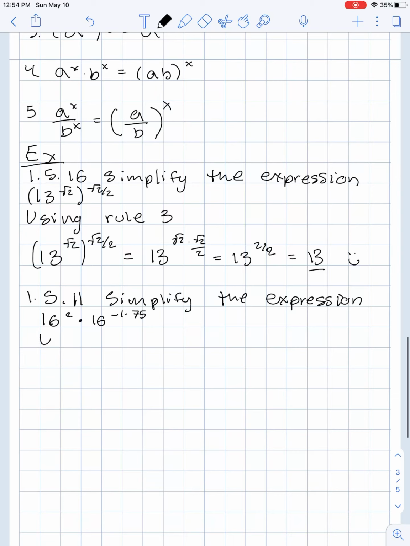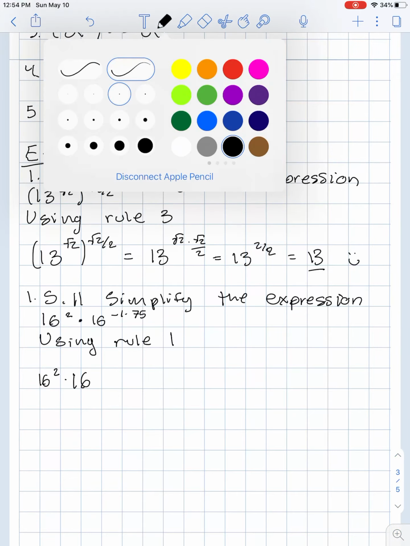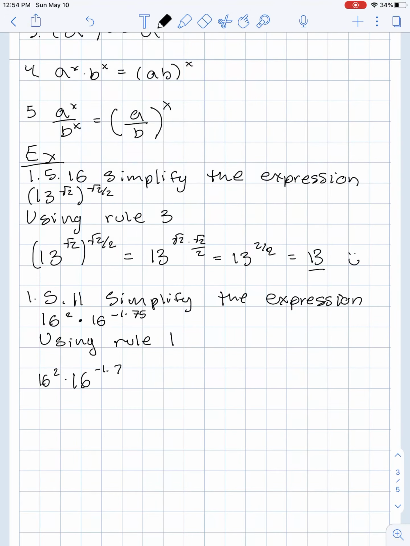Well, those two things have the same base and two different exponents, so let's use rule 1. So I'm going to take 16 to the 2 times 16 to the negative 1.75. So I'll have 16 to the 2 minus 1.75, which is 16 to the 0.25.